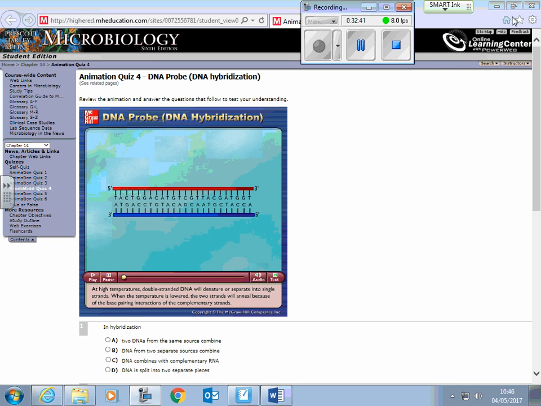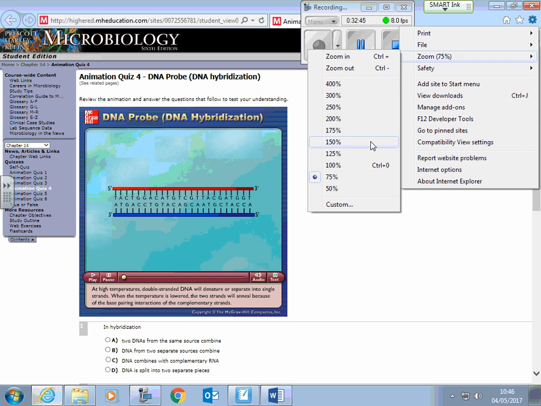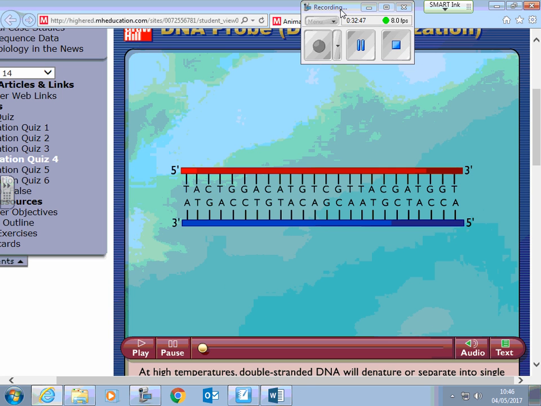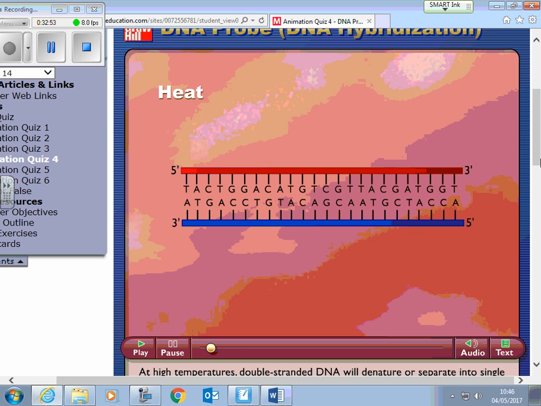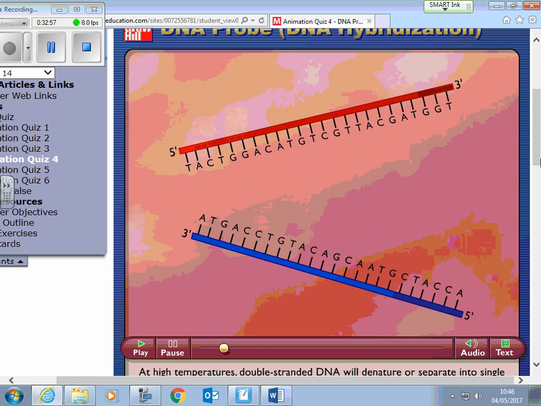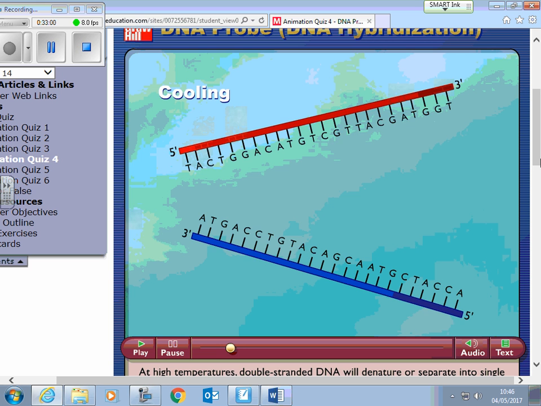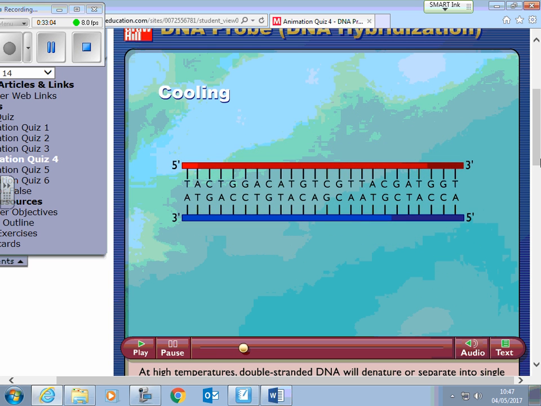Okay, let's just make this somewhat bigger. At high temperatures, double-stranded DNA will denature or separate into single strands. When the temperature is lowered, the two strands will anneal because of the base pairing interactions of the complementary strands.